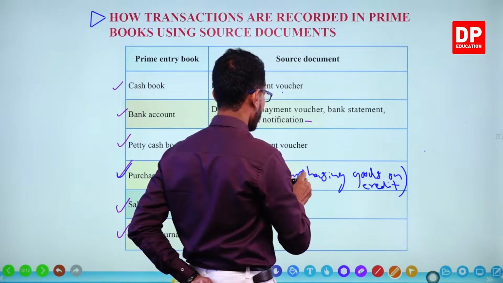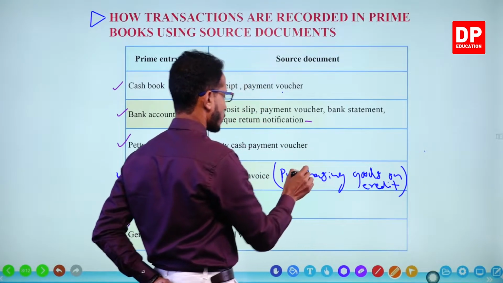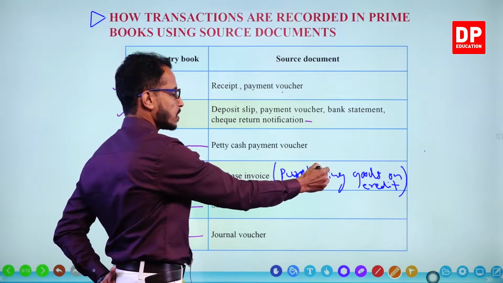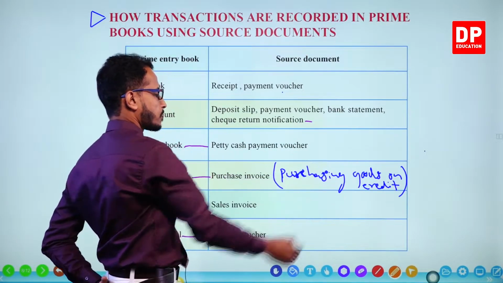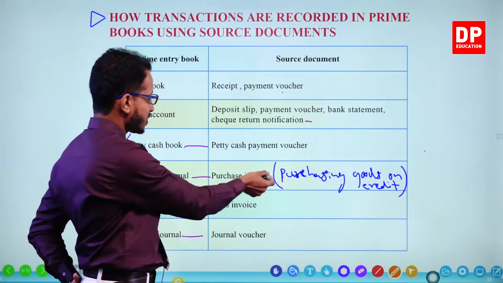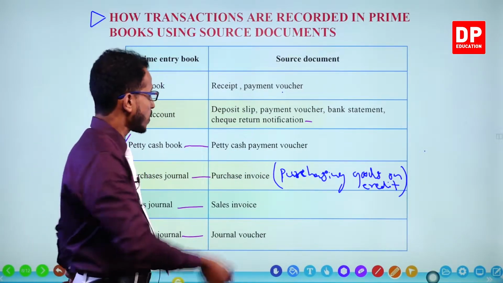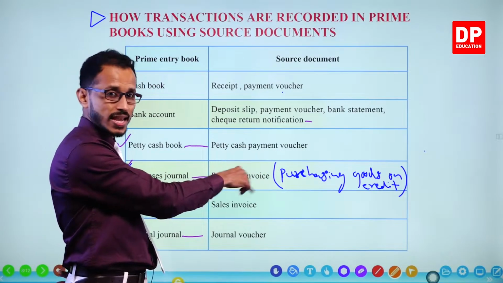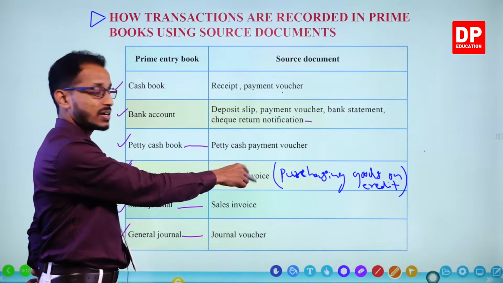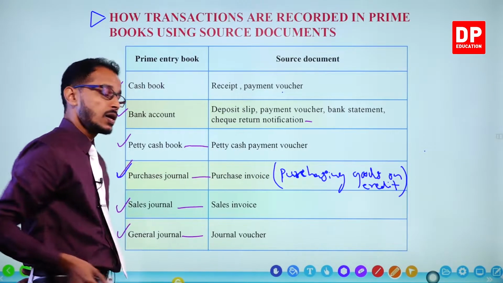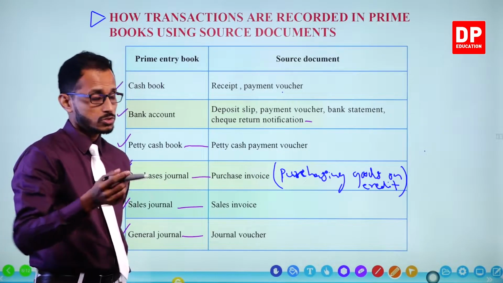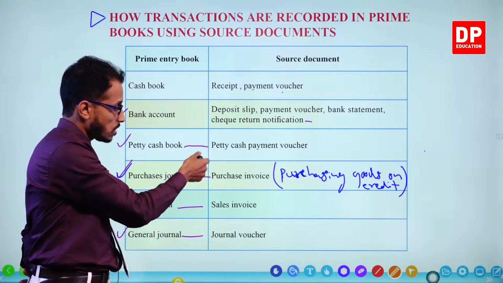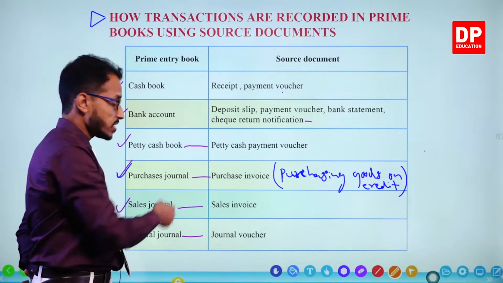So when you purchase goods on credit, you issue a purchase invoice. That is the source document. Those purchase invoices are all collected during the day, and at the end of the day, all the information on the purchase invoices is recorded in the purchases journal.